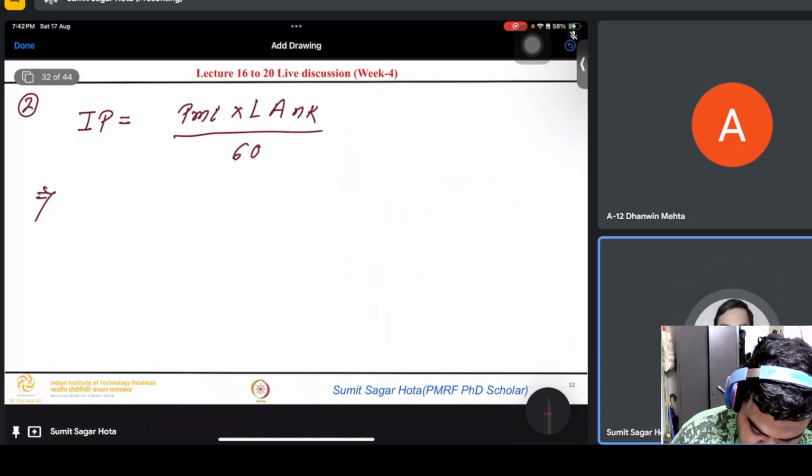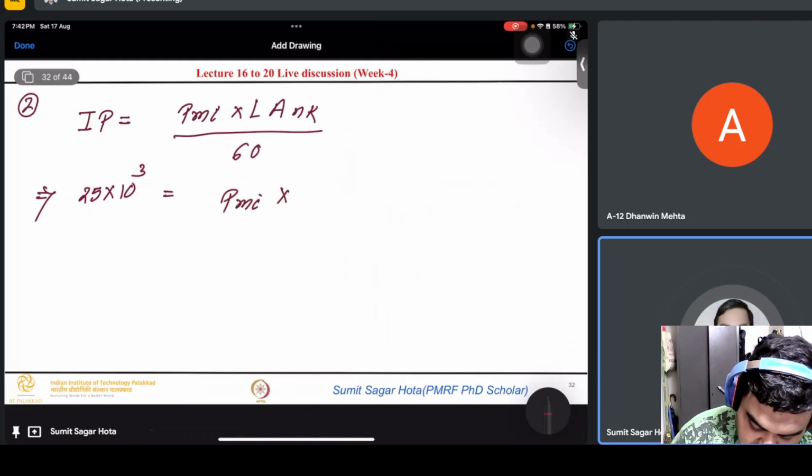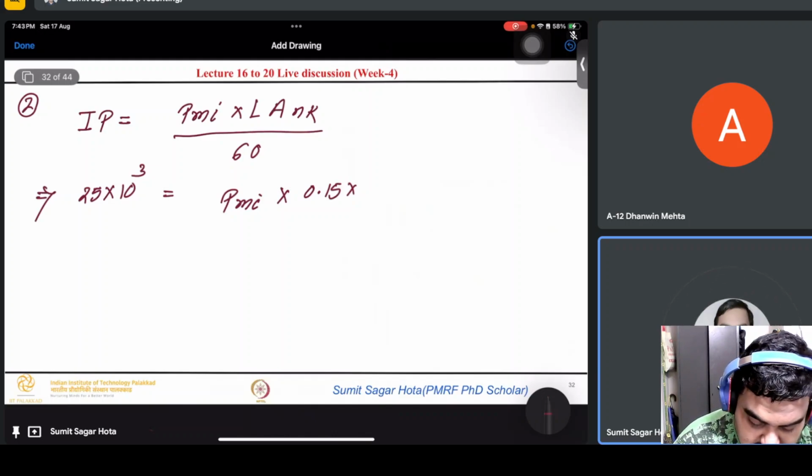Substitute the values. 25 into 10 to the power 3 equals PMI, which we need to find out, into L, 0.15 given, into A, the cross-sectional area of the piston cylinder. Bore and stroke are all given, so from there we can calculate.